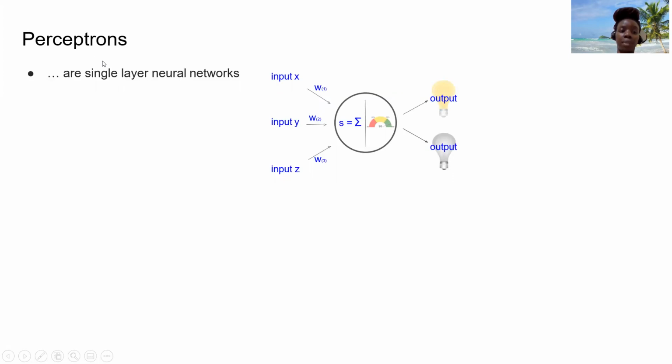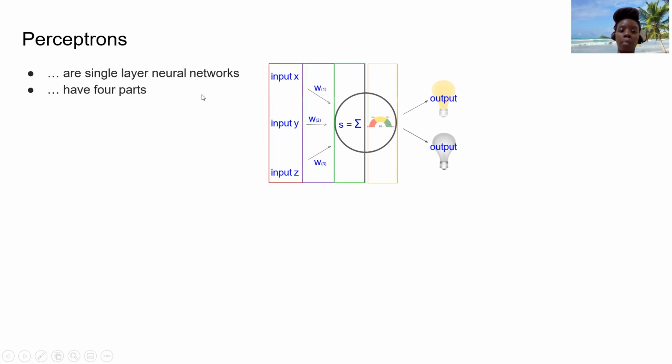So, what are perceptrons? Perceptrons are single layer neural networks that have four parts, as you can see here. The first part is the input, which is provided from the data given to the network. Then in purple, we have the weights, which is what the network uses to learn.